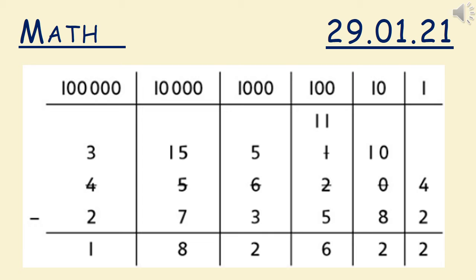So we now have 15 take away 7, which equals 8. And the final column, we did have 4 take away 2, but we had to take from our neighbour. So it's now 3 take away 2, which equals 1, giving us our final answer of 182,622.